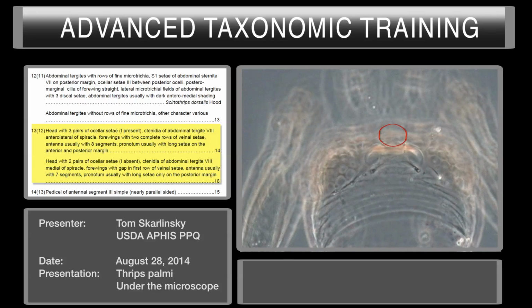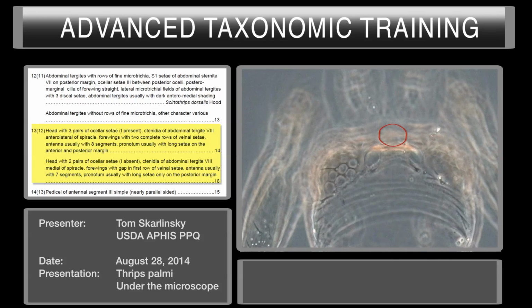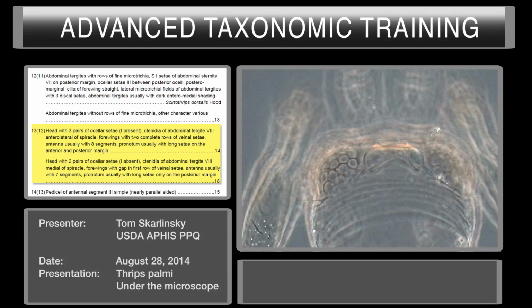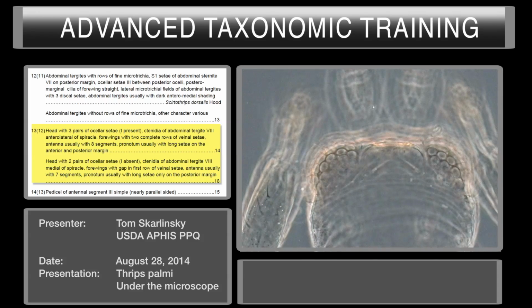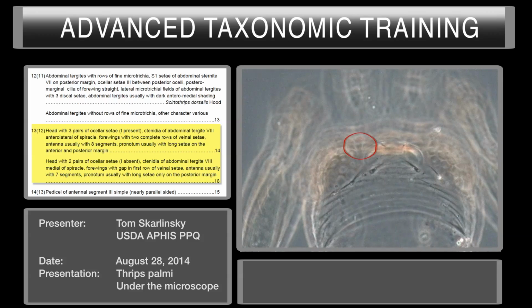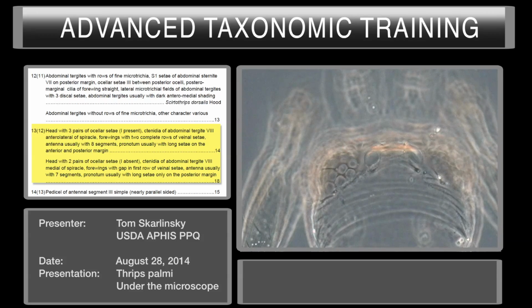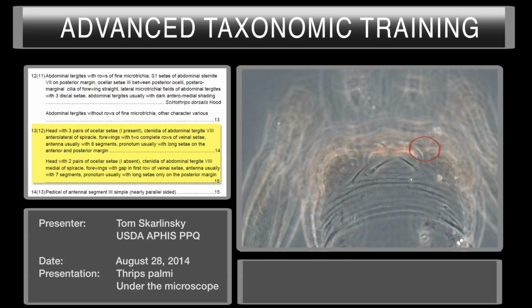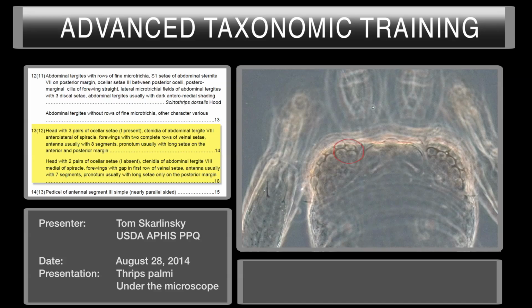They should be popping up right in this area here, and I'm not seeing this pair of setae. And ocellar seta 2 is usually off just a little bit lateral. I have a little trouble focusing. I can just see a shadow of one right here, and there's one right about here. There it is, right there's one, and right there's one.